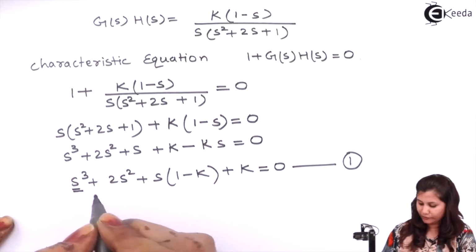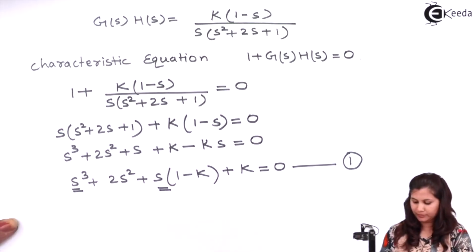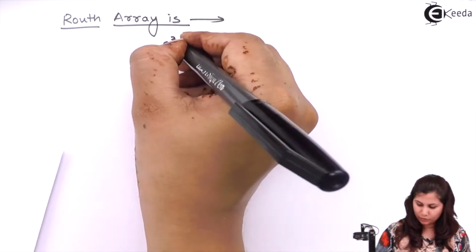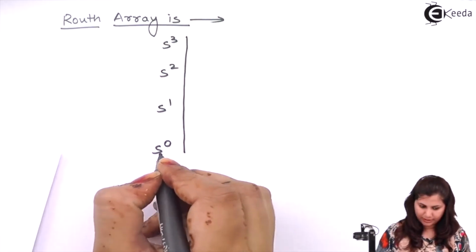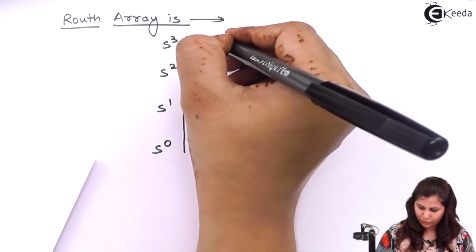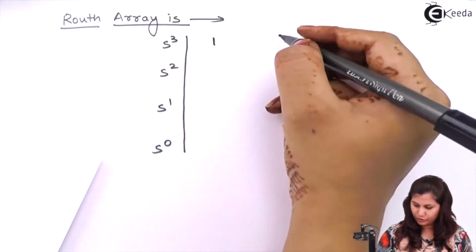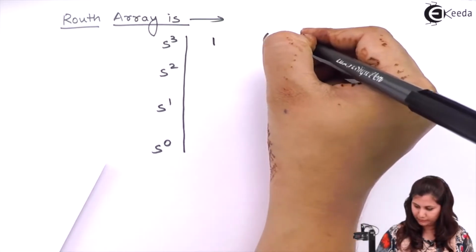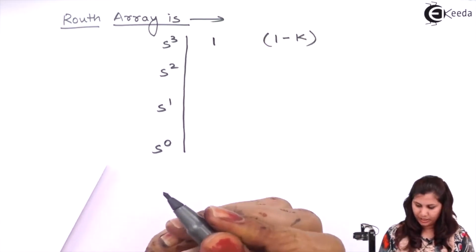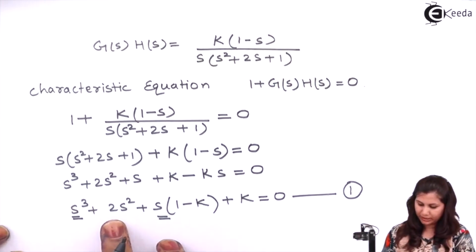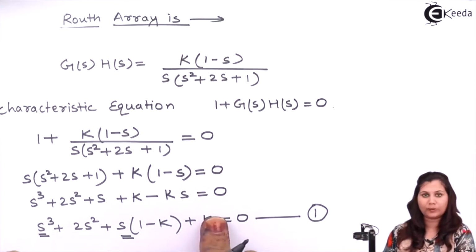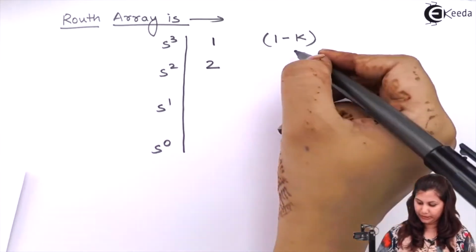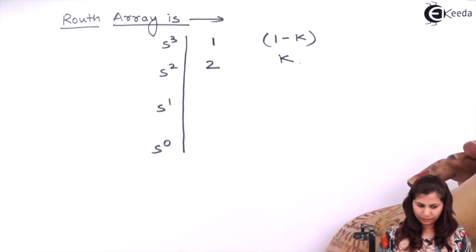So putting the coefficients, we are having s cube, s square, s to the power 1 and s to the power 0. The coefficient of s cube is 1 and the coefficient of s to the power 1 is 1 minus K. Now the coefficient of s square is 2 and the coefficient of s to the power 0 is K. So putting here K. Okay.